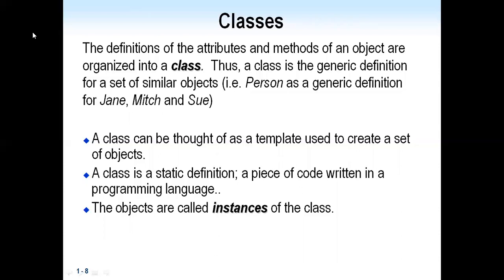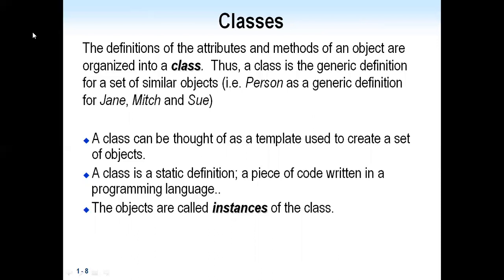So the class means the collection of attributes and methods for defining similar objects. Suppose the person is one such object; to define similar objects, we use a class. Already in Java we studied what is meant by class. The class is a generic definition for a set of objects.